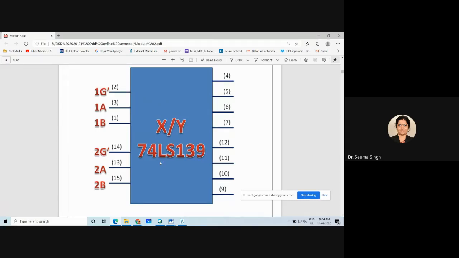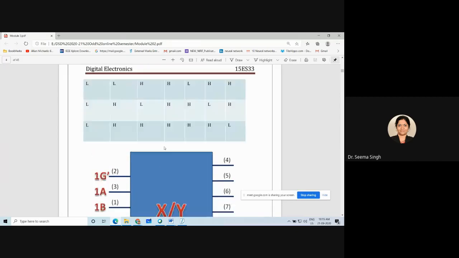People will not tell you later that it has active low enable; you have to remember it. That is why I told you to write it as 74139 dual 2:4 decoder. The word dual is important because there are two decoders in this. Now I will show you the internal diagram.